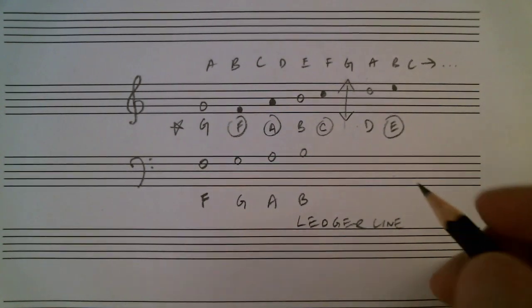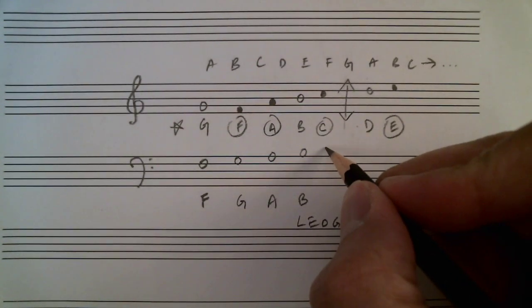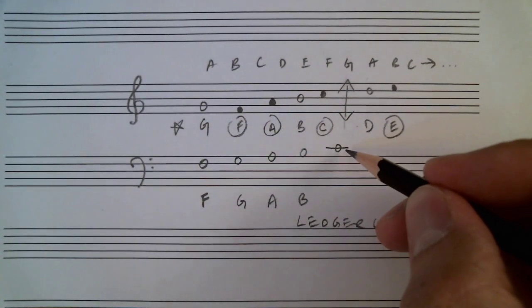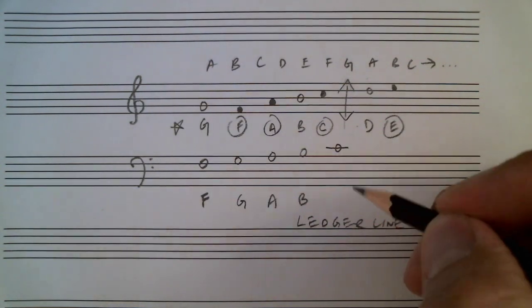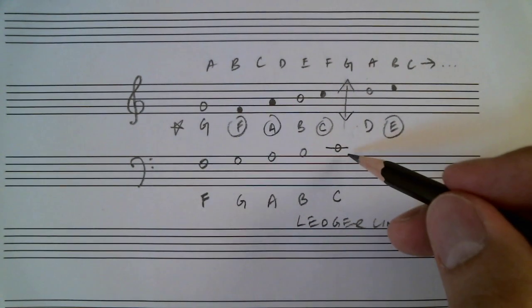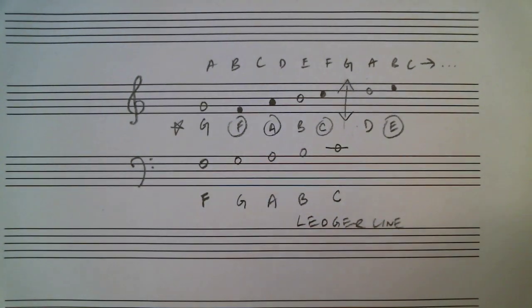A ledger line is a temporary line that we assign to a note so that we can go even higher or lower than the staff allows us. So that is a C. In fact, that is what we call a middle C, and that'll come into use a little later when we talk about notes in relation to the keyboard.